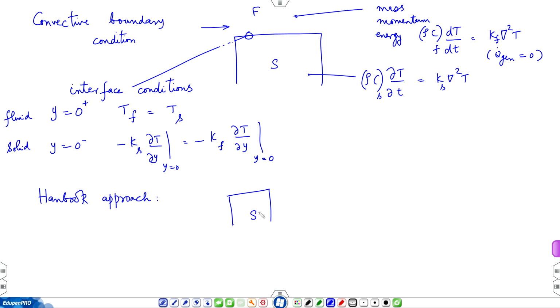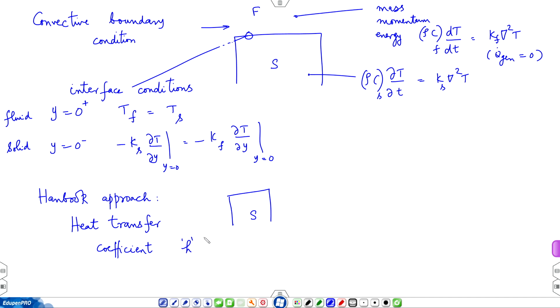So, suppose you are interested only in the solid part and you are willing to approximate the effect of fluid motion, then the handbooks carry information on a quantity called the heat transfer coefficient, and is given a symbol H. So, the use of a heat transfer coefficient will simplify calculations.